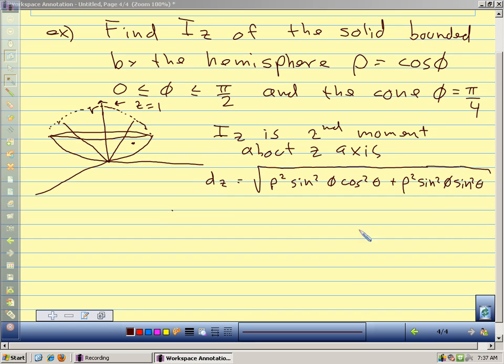If I simplify this, what do I get? Rho sine phi. So my distance from the z-axis is rho sine phi.